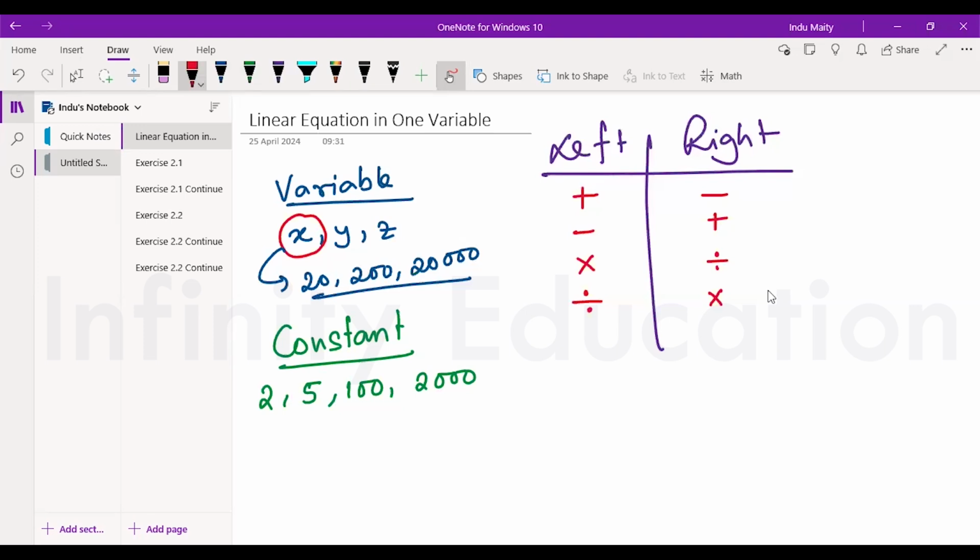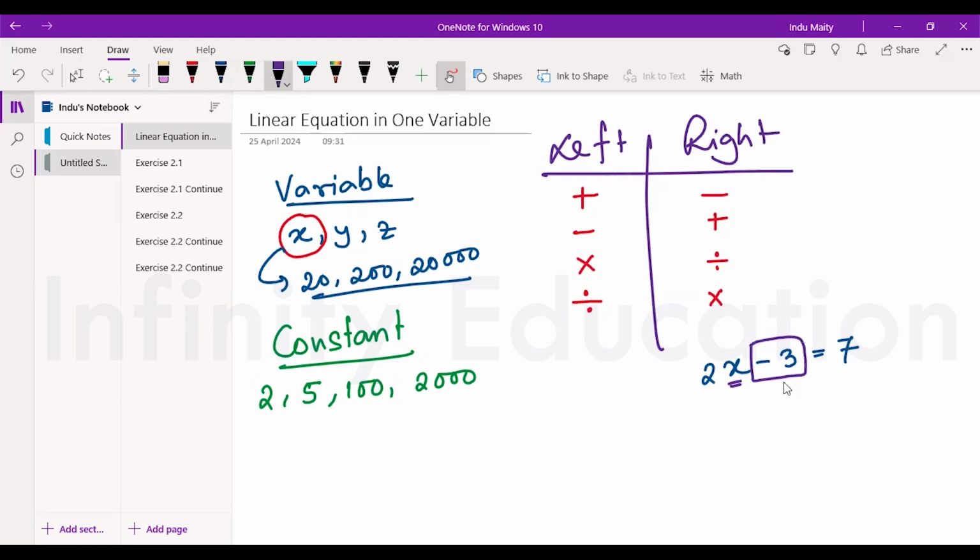Now, let's see with a small example. Suppose I'm taking 2x minus 3 is equal to 7. As per our rule, we should try to keep x isolated on the left side.